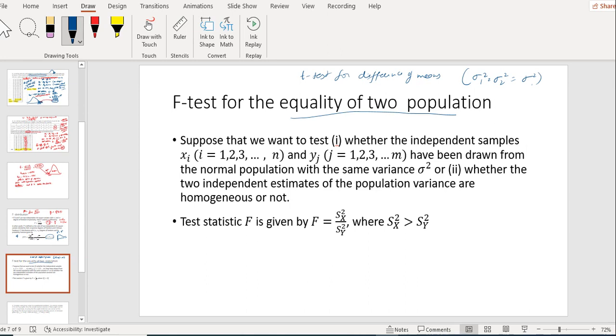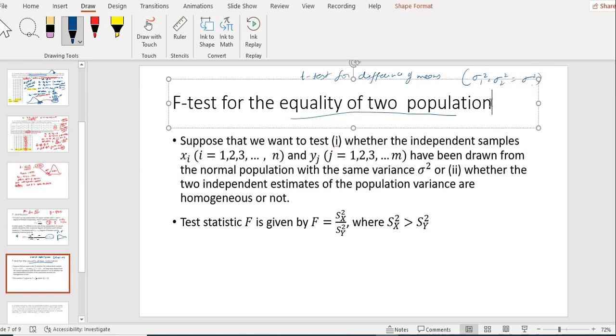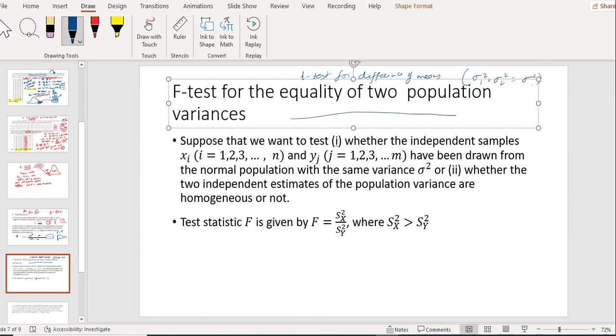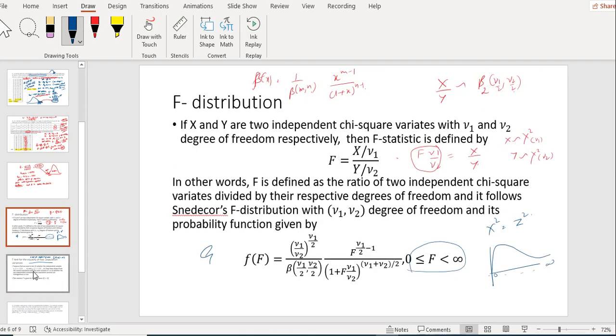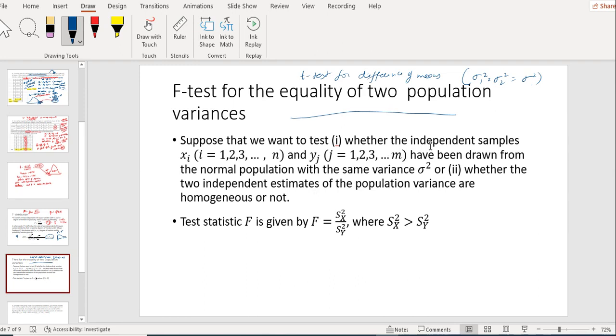In that case, firstly we need to check the equality of the variances using the F distribution or F test. So what is the purpose of the F test? The purpose of the F test is to check the equality of two population variances. It states that suppose we want to test whether the independent samples have been drawn from normal populations with the same variance, or whether the two independent estimates of the population variances are homogeneous or not.